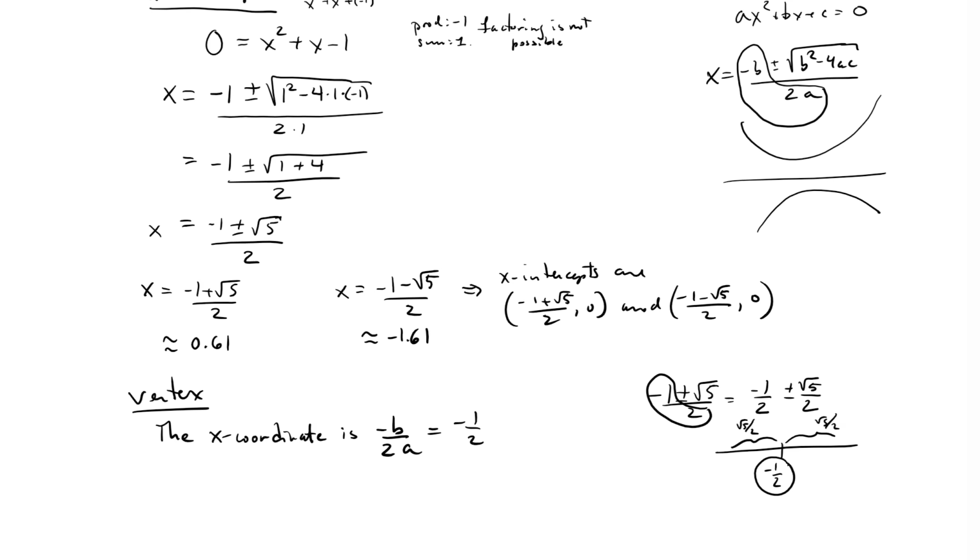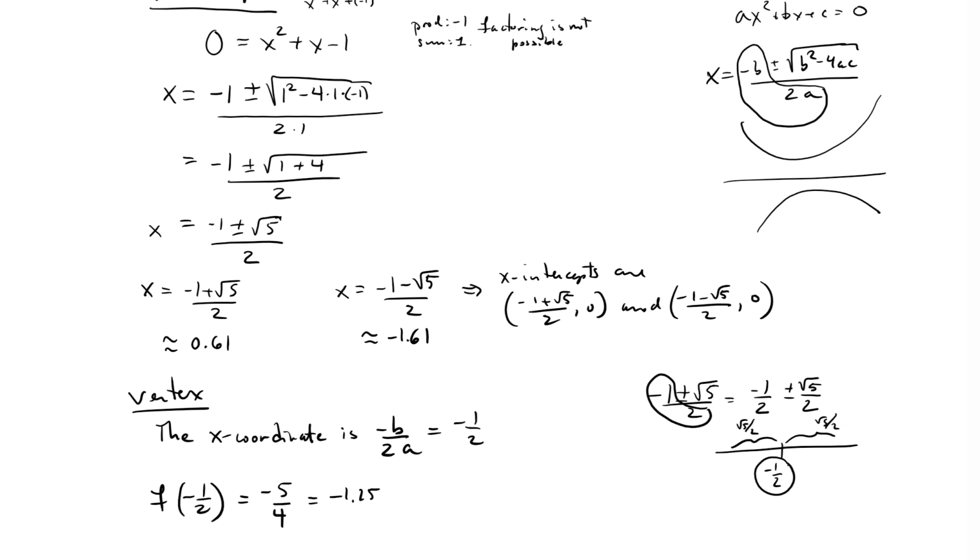And then of course we need the y-coordinate of that. So I need to calculate f of minus a half. I'll skip the work, but it's going to be minus 5/4. Minus 5/4 is minus 1 plus minus 1/4, so it's minus 1.25.